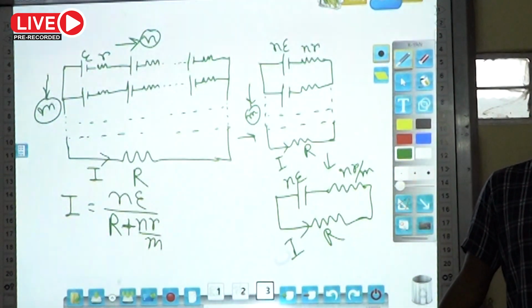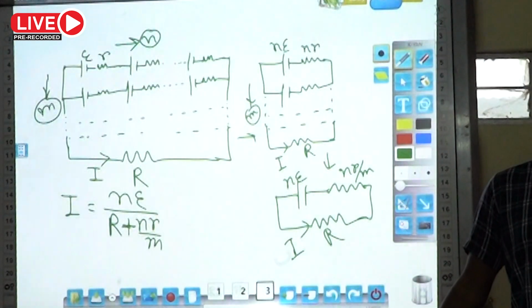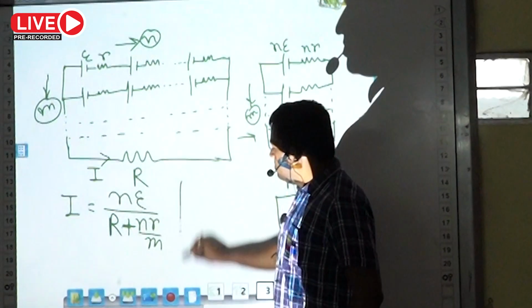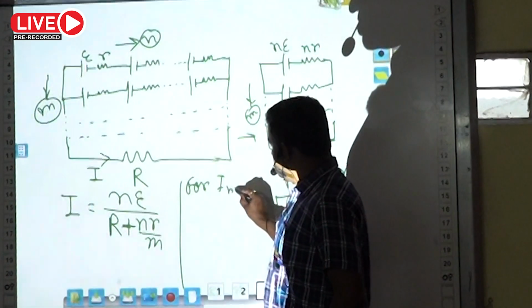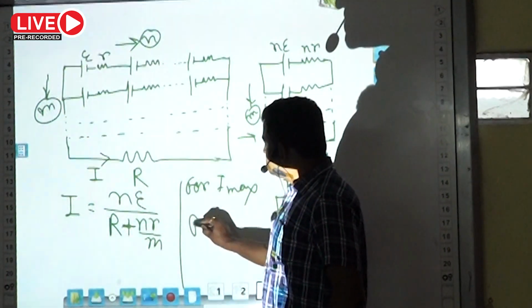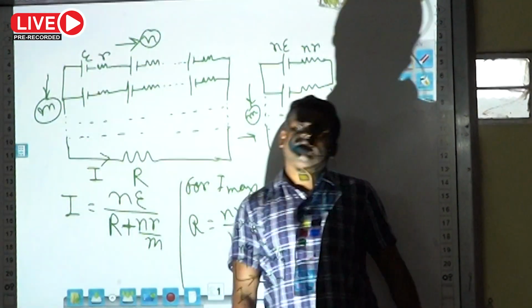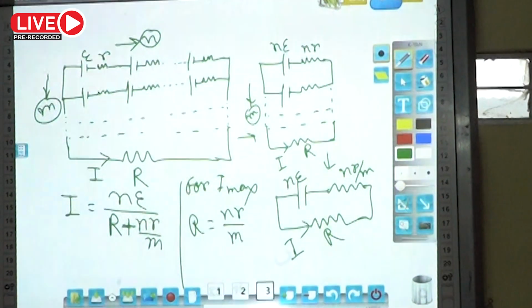Sometimes students believe that if I consider the internal resistance to be 0, then maximum current is drawn. That is not true. If internal resistance and external resistance are equal, then only maximum current can be drawn. That means the relation for I max is that the external resistor R should be equal to nr by M, meaning the equivalent internal resistance. Then only maximum current can be drawn.